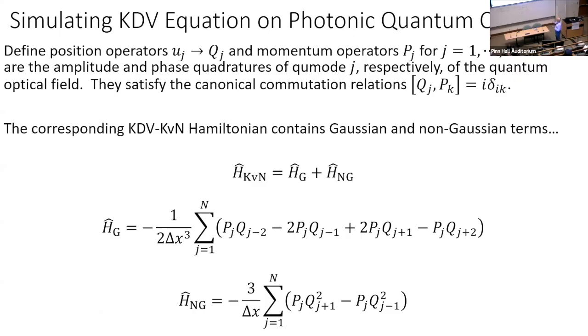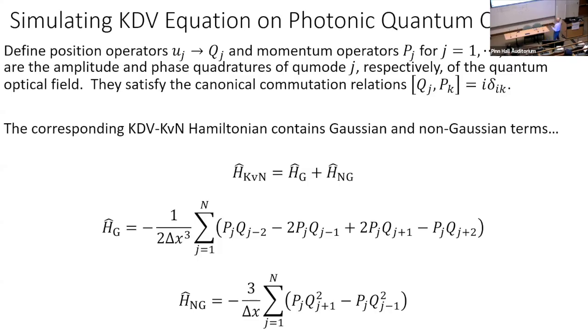For the photonic quantum computer, you can associate the u variable with a Q and the momentum variable with a P, which are known as the amplitude and phase quadratures of a Q mode J. They satisfy the same commutation relations, and this is on what is equivalent to an infinite-dimensional Hilbert space.